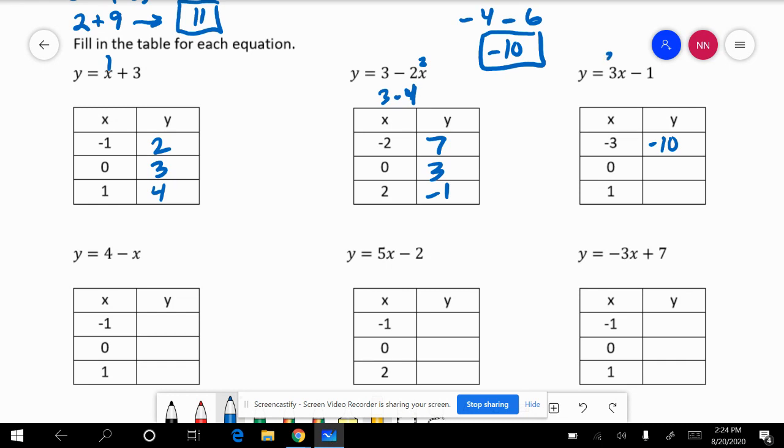Anything times 0 is, of course, 0. And then that would be 0 minus 1, which is negative 1. And for the next one, we plug in a 1. 3 times 1 is 3, minus 1 is 2.